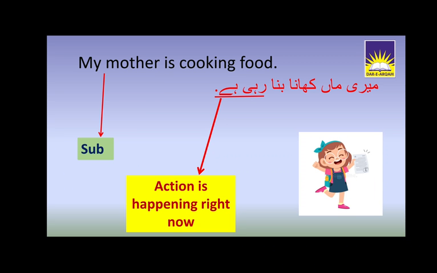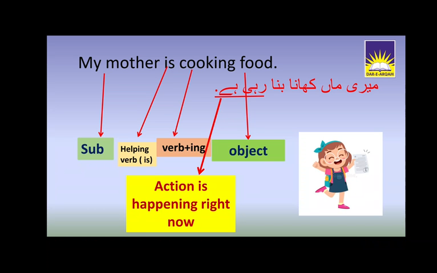Then is will be what? Yes, helping verb. Cooking is the first form of verb and it came with an ing. And food will be what? Yes, it will be the object of the sentence. So this is the complete breakdown of a sentence which has the tense present continuous.